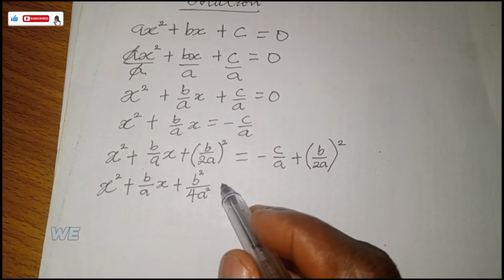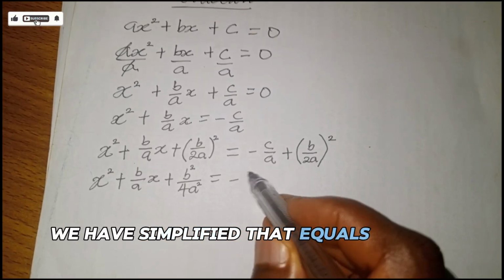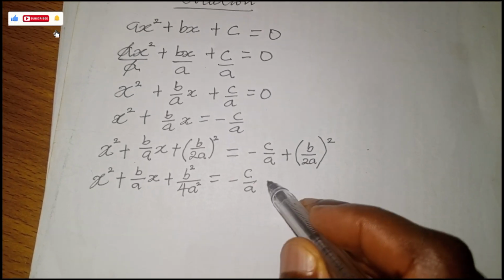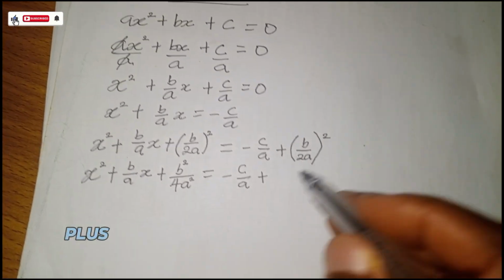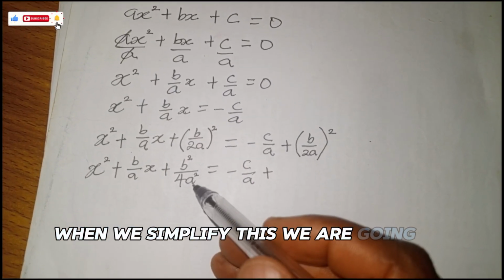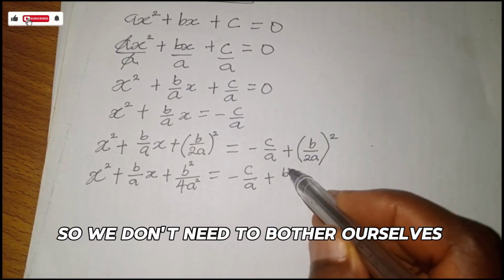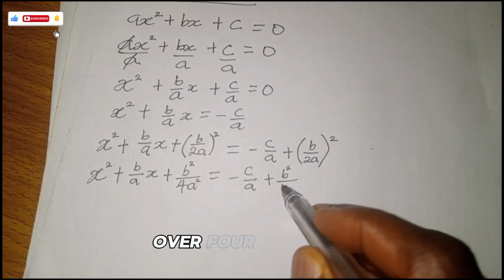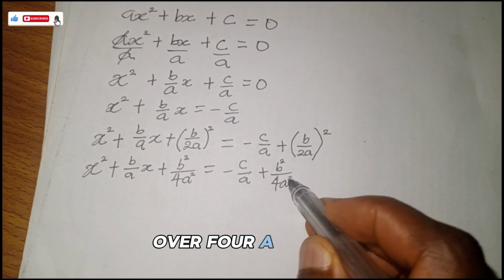We have simplified that, equals minus c over a plus the same thing on this side. When we simplify this, we get the same, so we don't need to bother ourselves with that: over 4a squared.